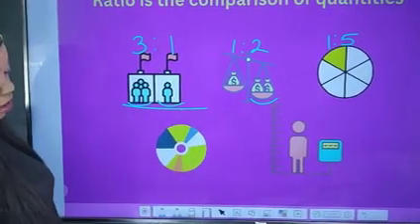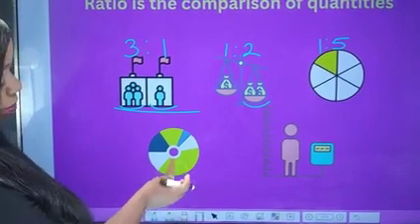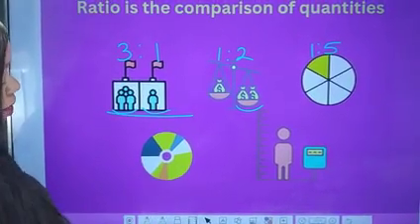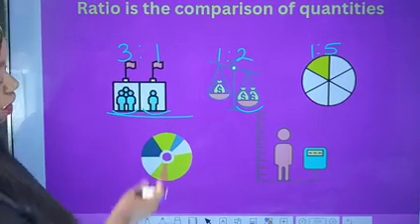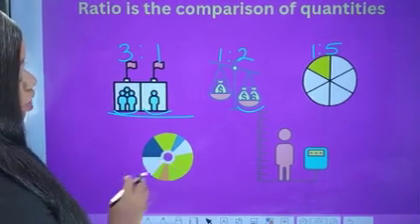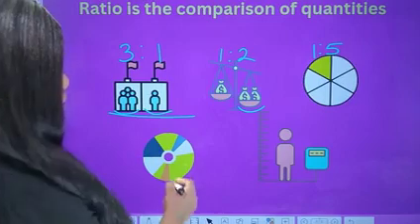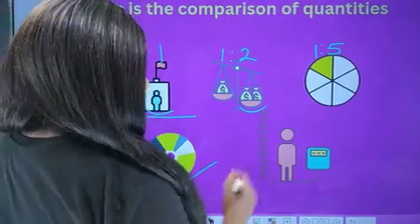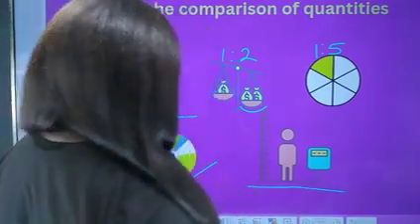We also have this. These two can be expressed in ratio. If you look at the shape very well, you will see that it has been divided into different parts. So this is also a way to express ratio. Now look at the next illustration.